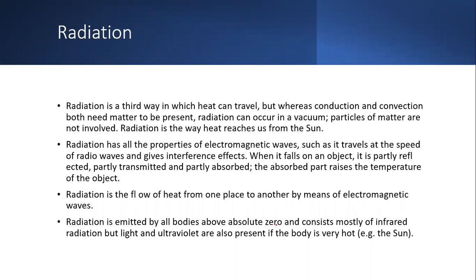Generally, when we talk about radiation, we're going to talk about infrared radiation, because ultraviolet radiation is only going to be present when an object is extremely hot, like the sun. You need really high temperatures to produce ultraviolet radiation.